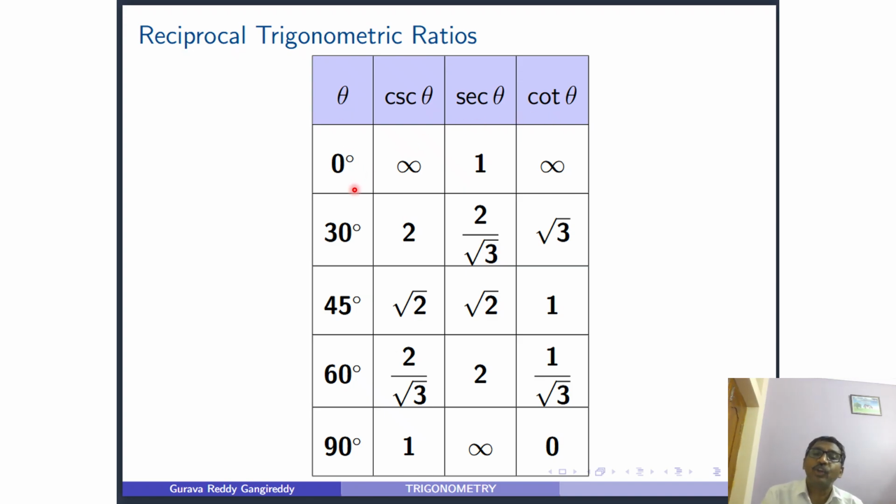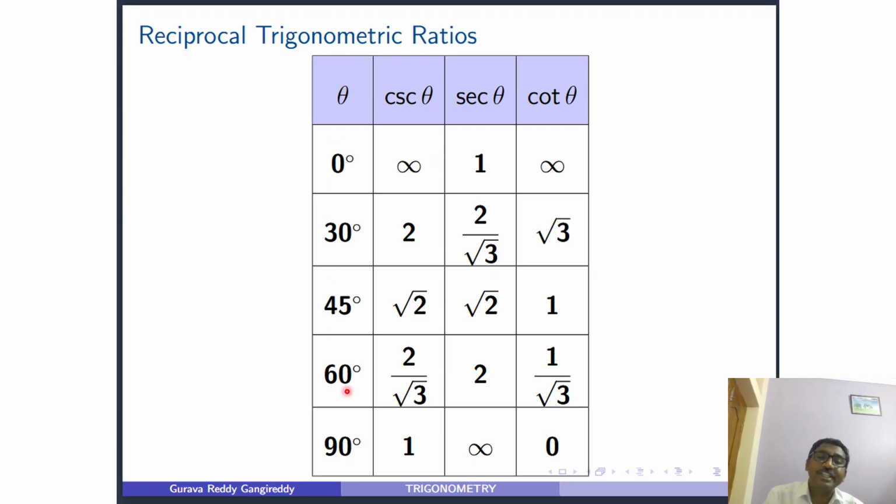So for theta equal to 0 degrees, cosecant 0 is undefined, secant 0 degrees is 1, cot 0 degrees is infinite, undefined. For theta equal to 30 degrees, cosecant 30 is 2, secant 30 is 2 by root 3, cot 30 is root 3. For theta equal to 45 degrees, cosecant 45 degrees is root 2, secant 45 is root 2, cot 45 is 1.